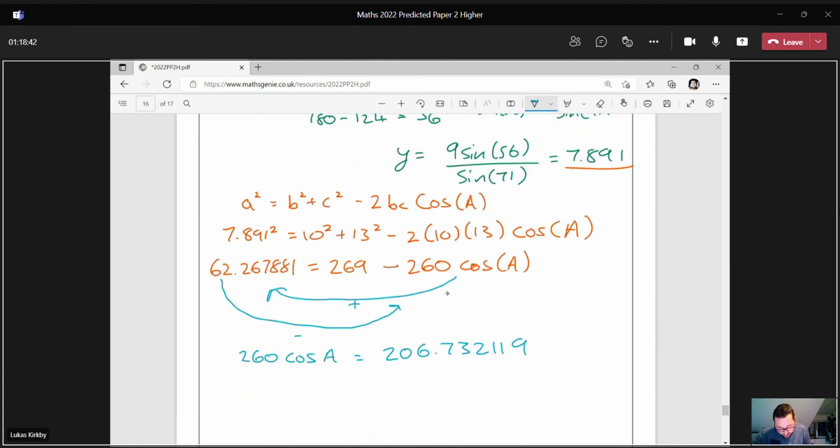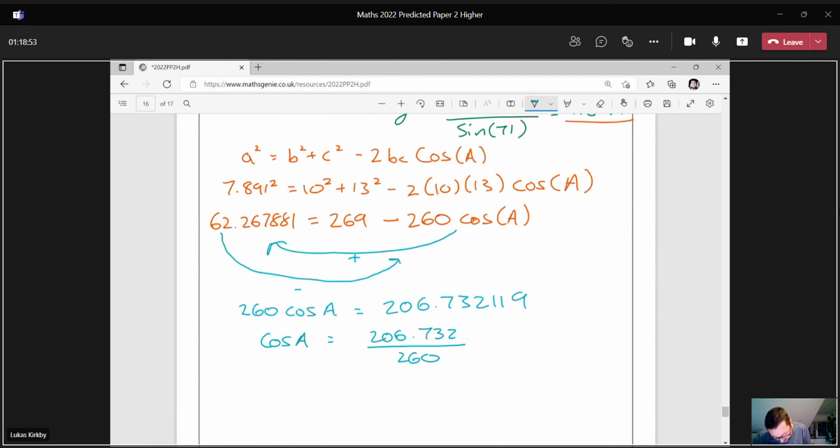Then we just divide by 260, so cos of a is 206.732, let's say, over 260, and so a is just going to be inverse cos of all this.